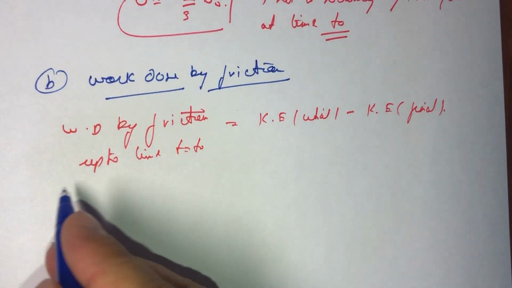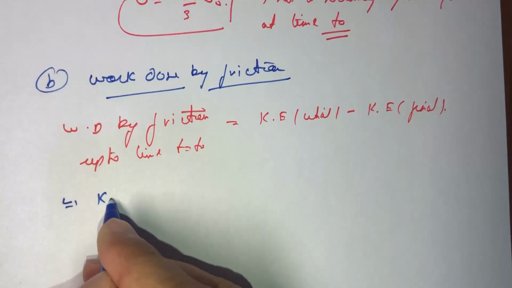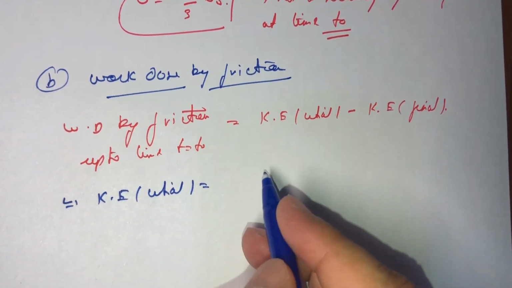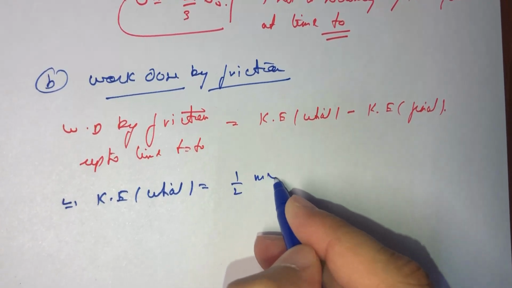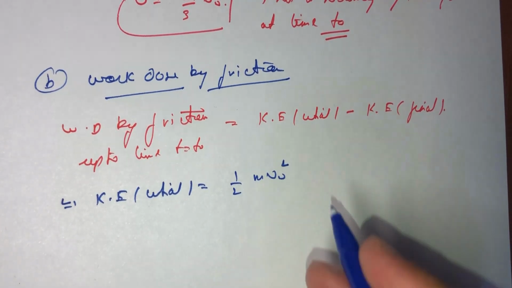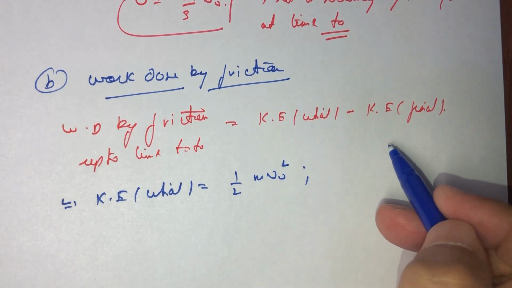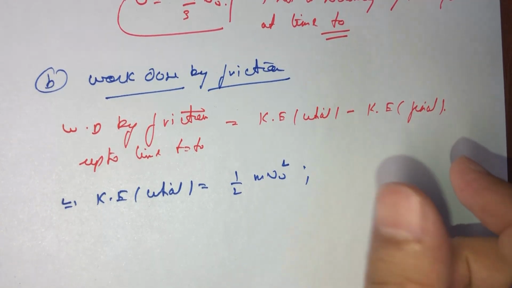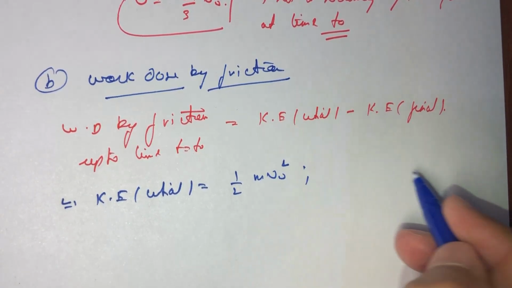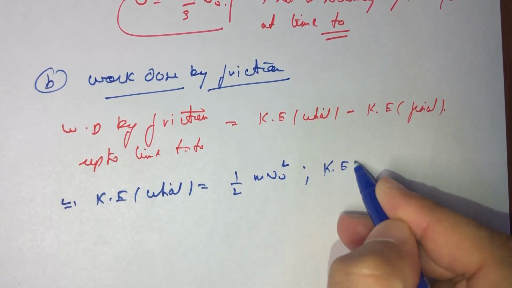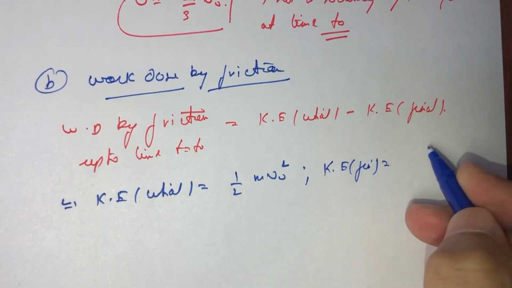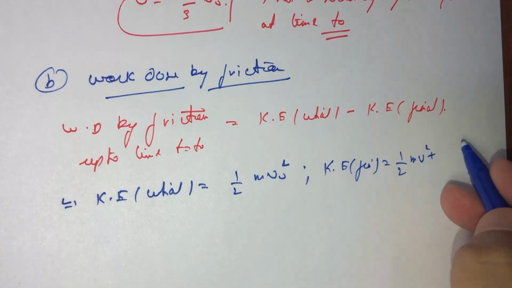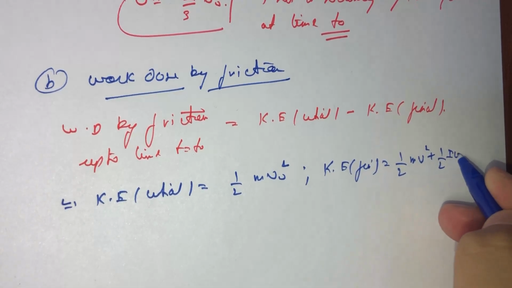Kinetic energy initial will be equal to half m v naught square, and kinetic energy final, as the motion is now both translational as well as rotational, will be equal to half m v square plus half I omega square.